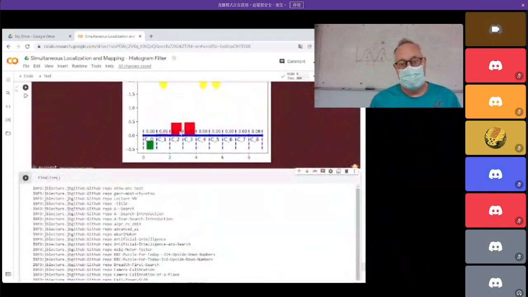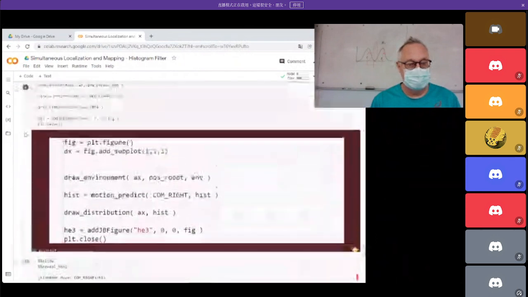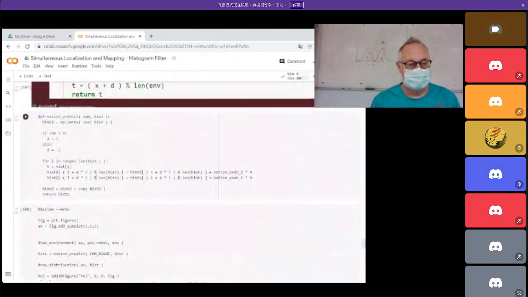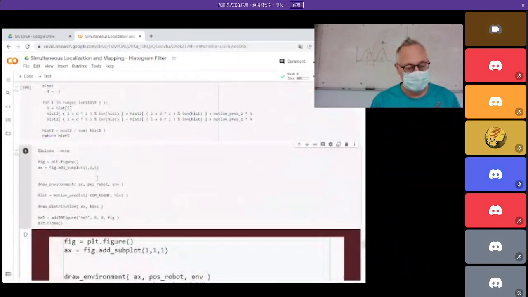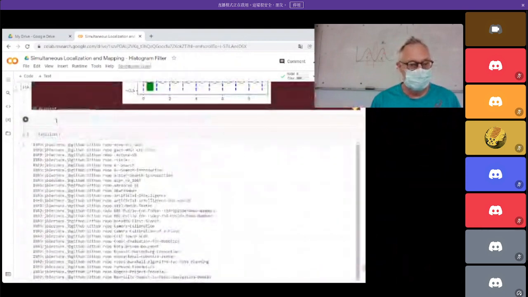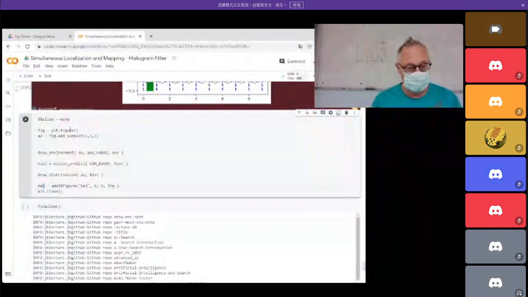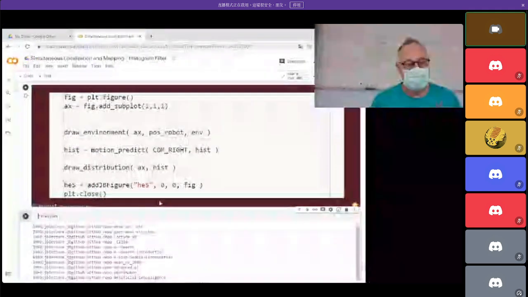So those two locations are a possibility. Then we can go to the right again.